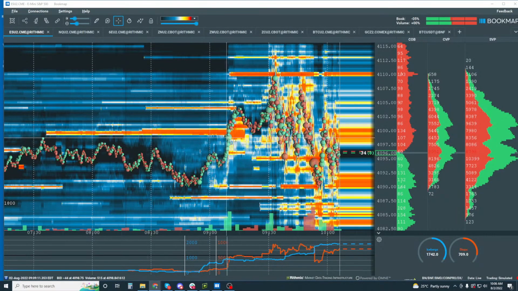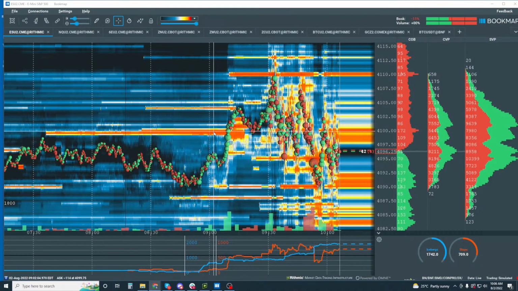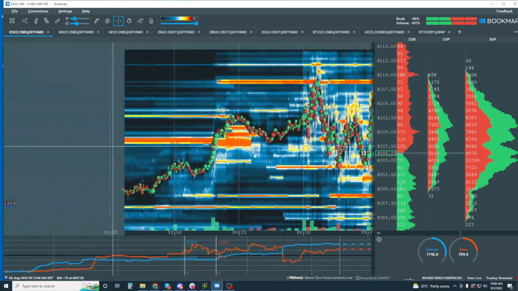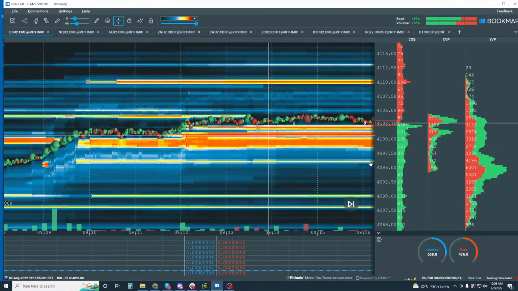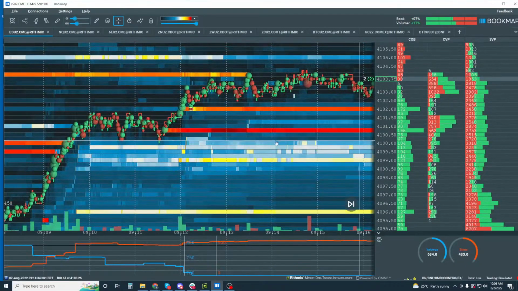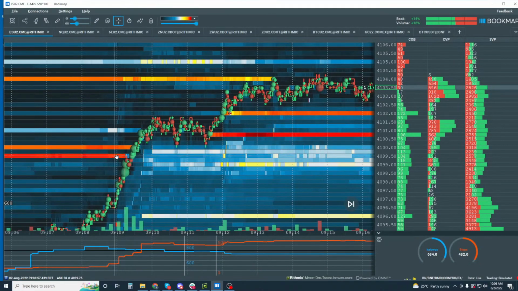This is actually a pretty interesting move after 9 o'clock. You can see the flip of the order book, pretty aggressive, in fact very aggressive. And this is what we look for in the flips. Here's high liquidity.